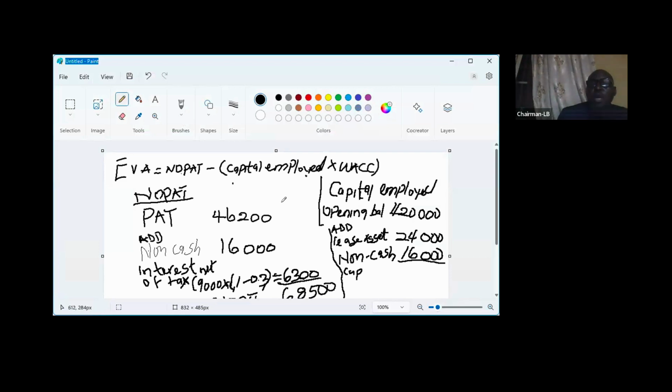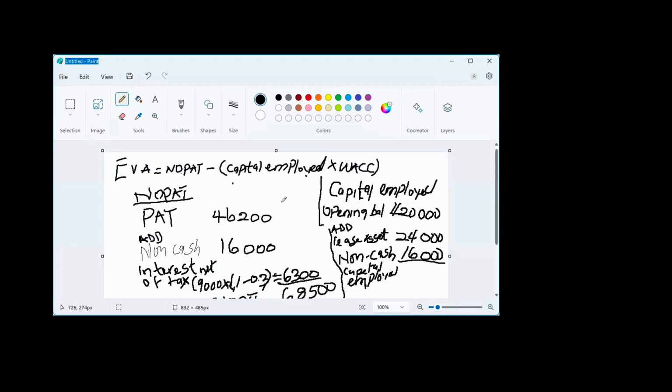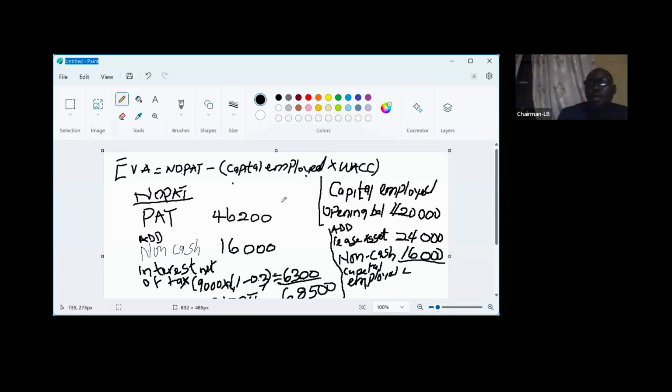This is what we call economic capital employed, not accounting capital employed. Summation, please. 460.